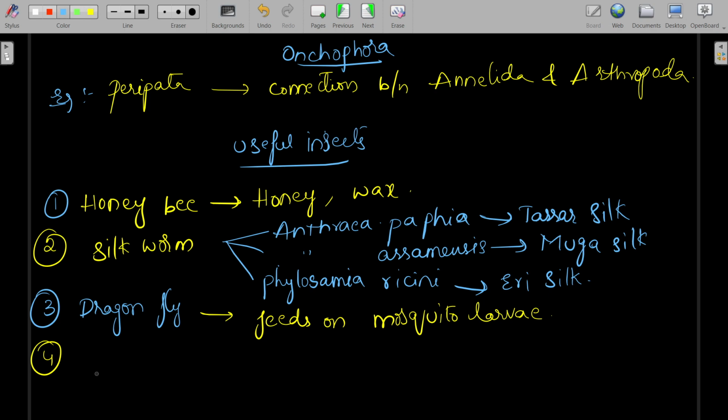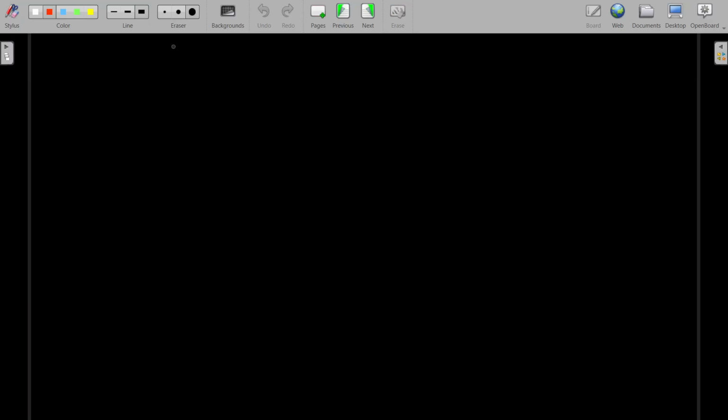Next one is lac insect. It provides us lac, which is used in sealing envelopes and making toys, and also for most of the purposes. Okay. Next, coming to the vectors.